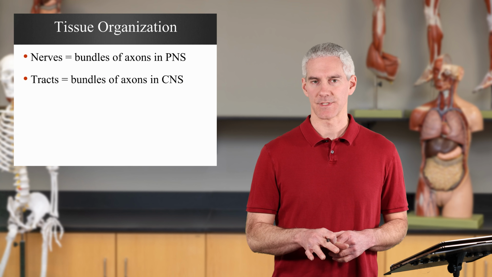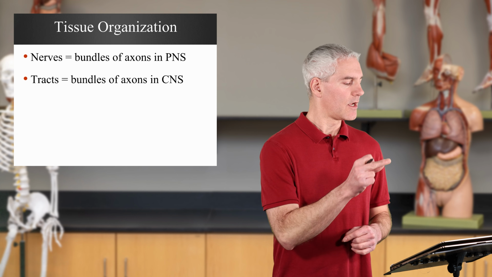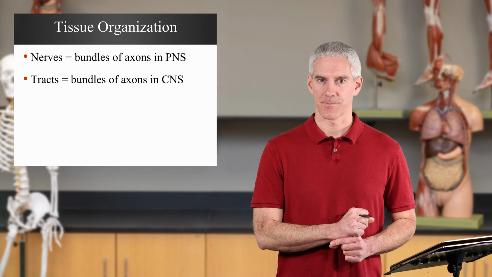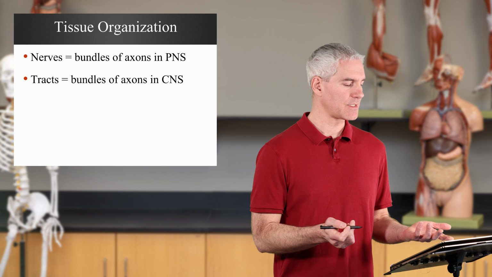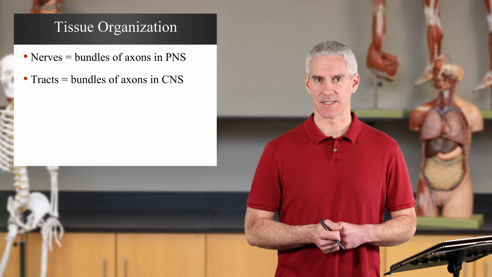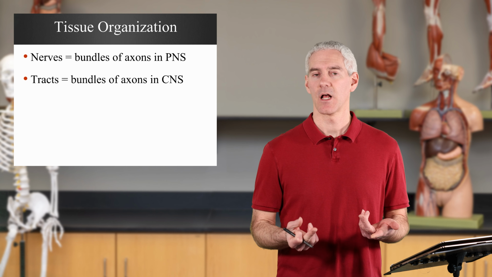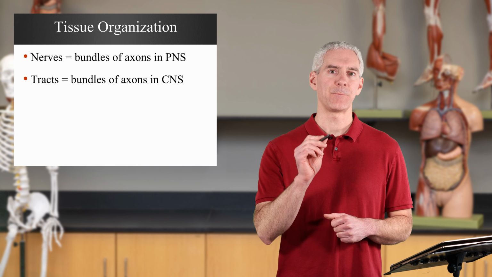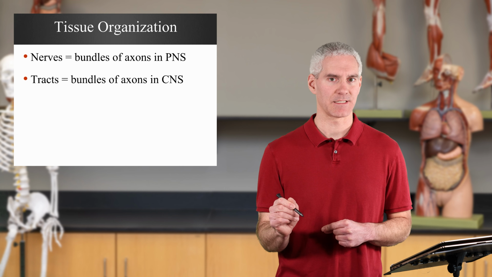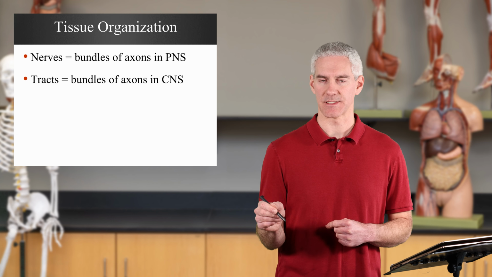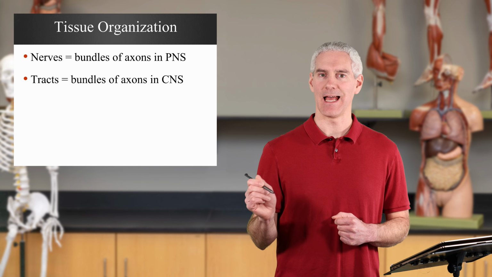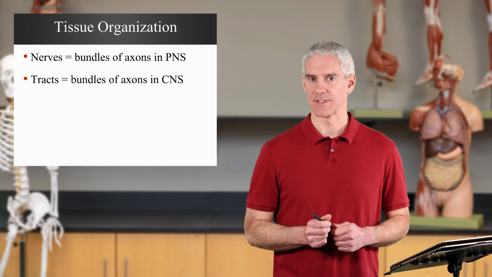All right, a few terms before we get too far. Nerves and tracts. Now, nerves and tracts, as you can see, are both bundles of axons. The difference? Location. PNS, peripheral nervous system. CNS, central nervous system.